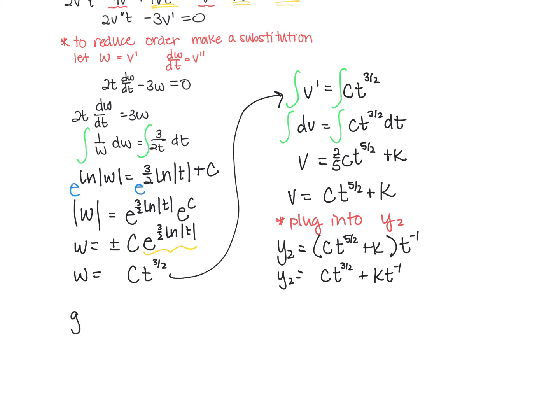So now if I were to give my general solution, we would get y equals some constant times the original equation that they told us about, t to the negative 1, plus some constant times the y2 that we just found.